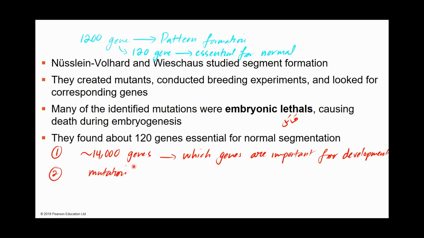Some mutations are embryonic lethal, and they cause the death of the embryo. That's the phenotype of these mutations. And of course, if the embryo dies, it will not show its mutant phenotypes, and they cannot study it. So this is one of the challenges.